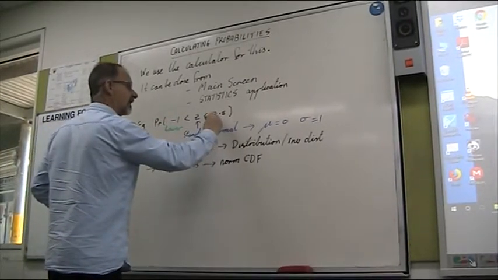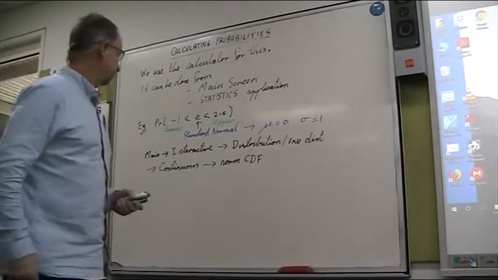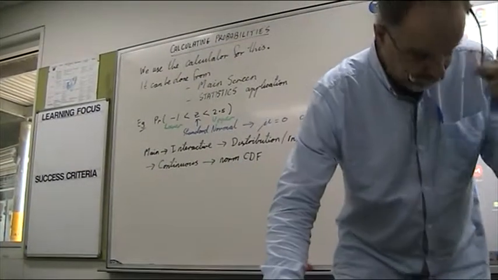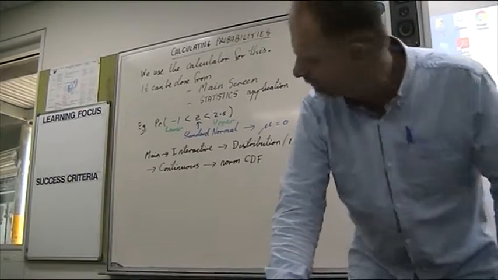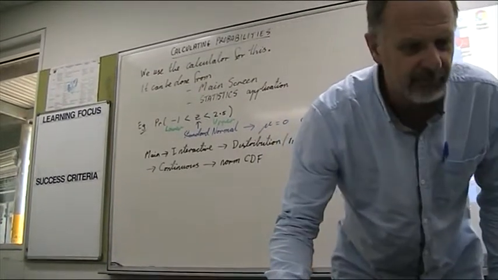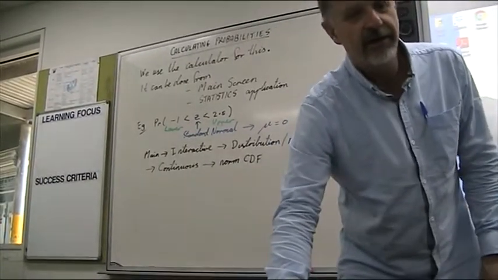And this one is our upper. So you just put those in the appropriate box. So -1 in the lower box, 2.5 in the upper box.